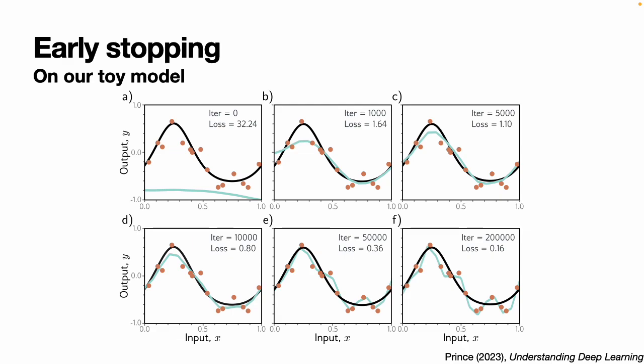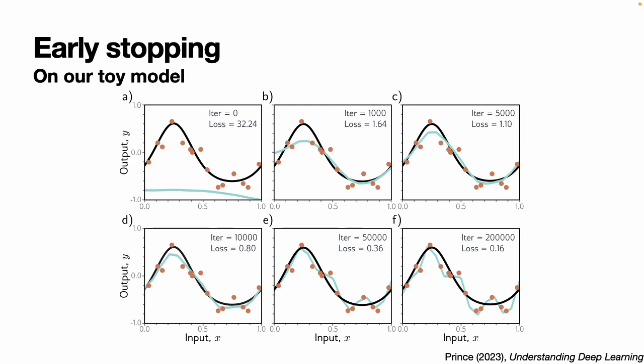Here's early stopping actually implemented on our toy model. This is increasing the number of iterations along this way. We start off with a pretty bad, high bias model.